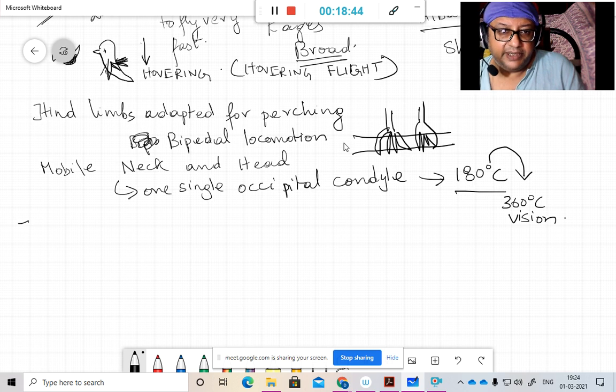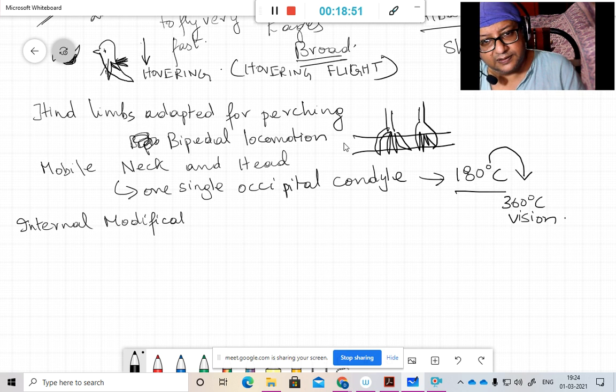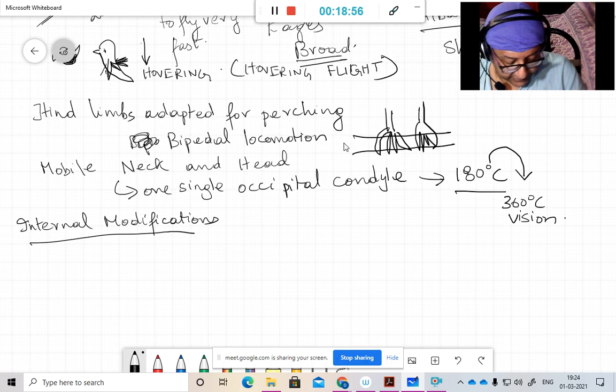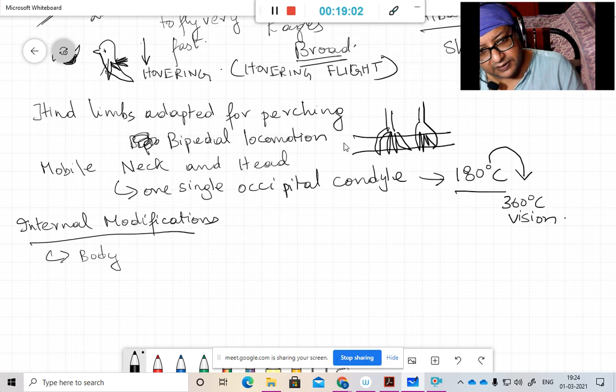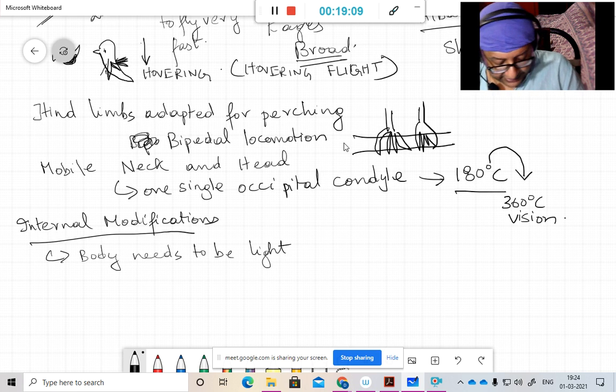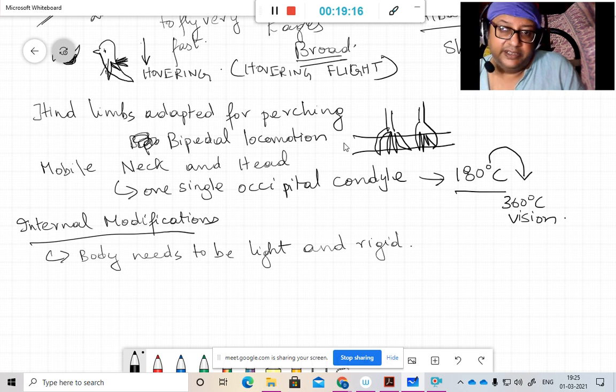Then let us see some internal modifications. What are the internal modifications in birds? So their body needs to be light and rigid.